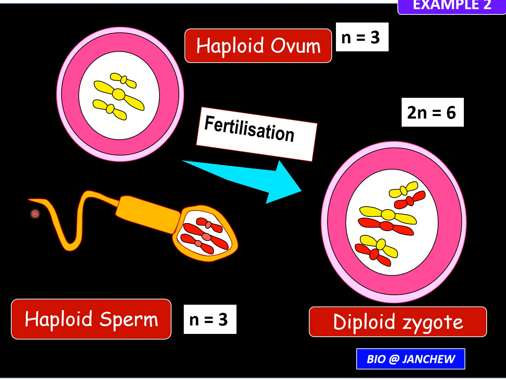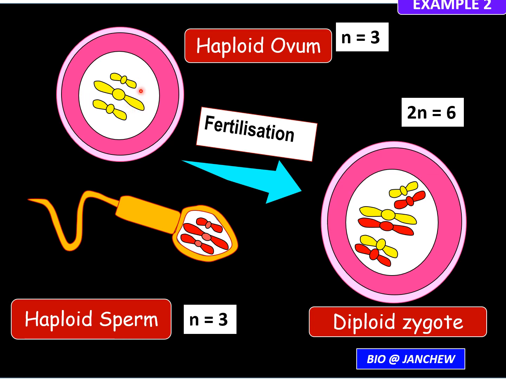However, in the formation of gametes, the chromosomal number is halved. So, from 2n equals 6, now the gametes formed, such as the ovum and sperm, have only 3 chromosomes, where n equals 3. As shown here, the haploid ovum has a haploid condition where n equals 3.